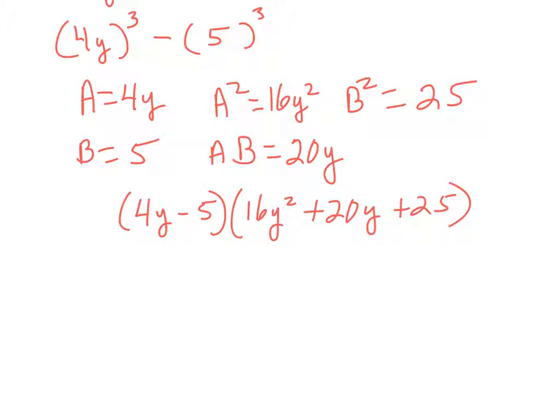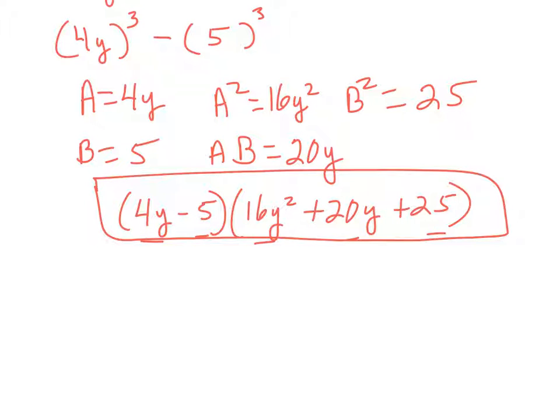So what I did was I just threw it in the formula: a minus b times a squared plus ab plus b squared. So we don't put the 3? What 3? The cube. What cube?